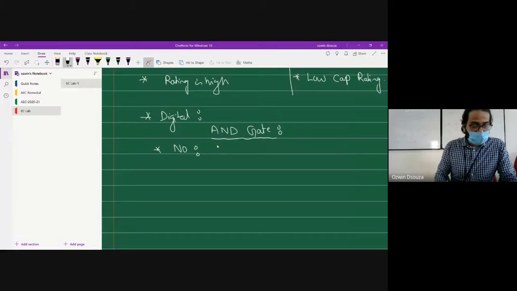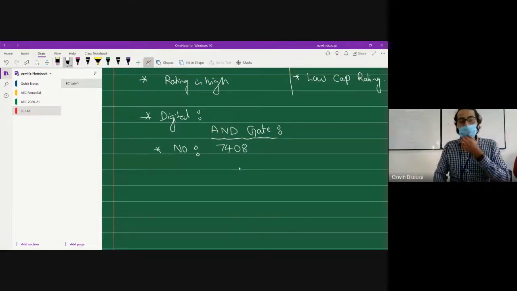So the AND gate is popularly identified with this description: 7408. If you tell him, give me IC number 7408, he will be able to understand, because this 7408 will be engraved on the IC itself.